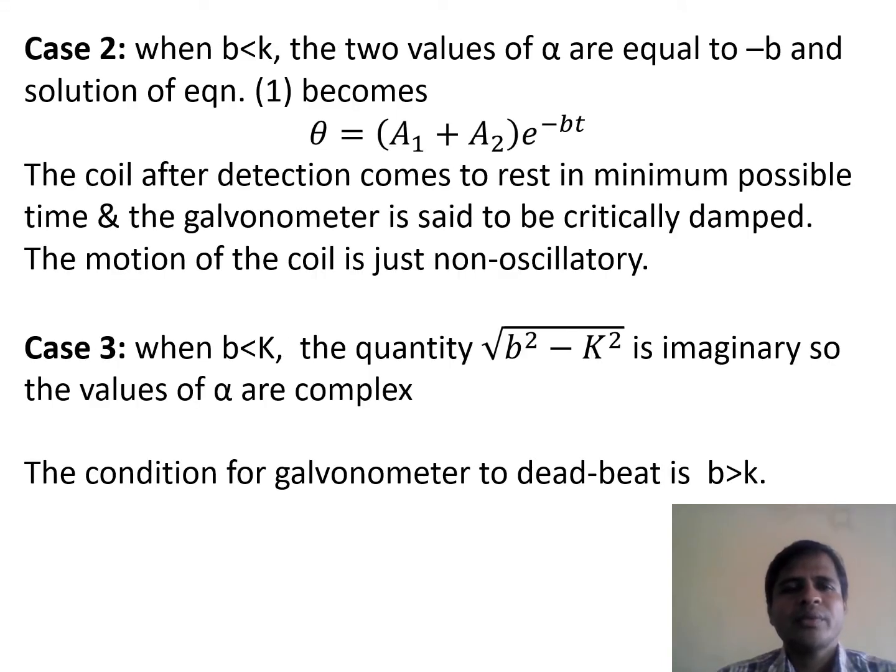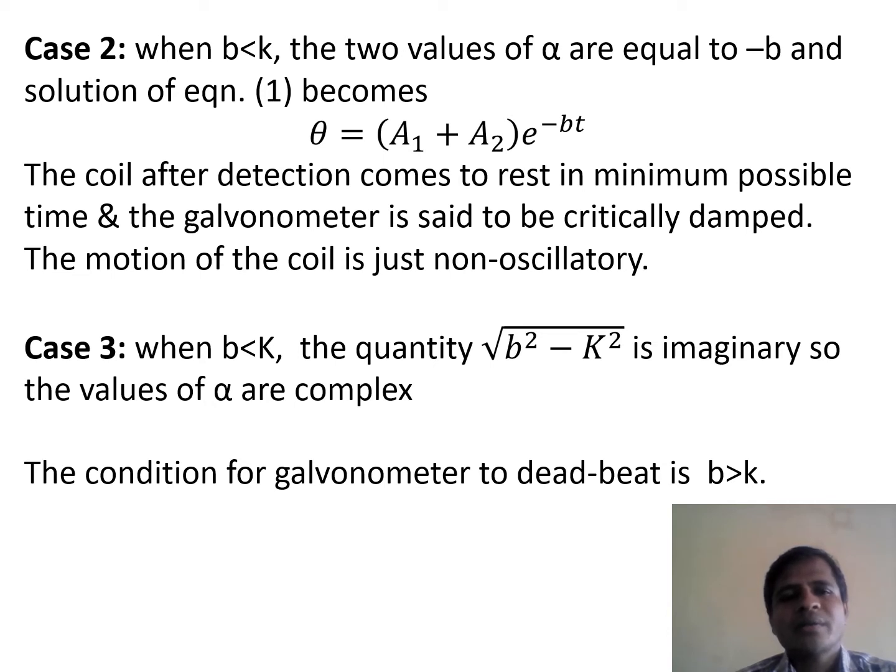Case 2, that is when b is equal to k, the two values of alpha are equal to minus b, and the solution becomes theta is equal to (a1 plus a2) into e to the power minus bt.